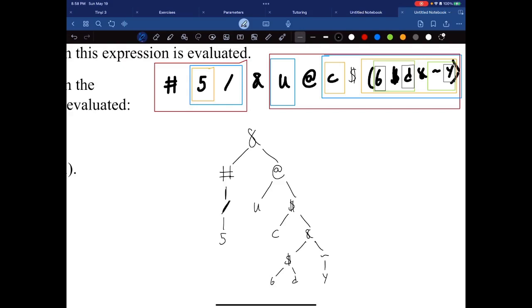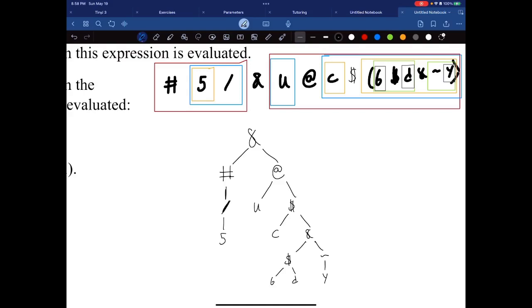Any questions about this? The abstract syntax tree is pretty simple. Okay. Questions?